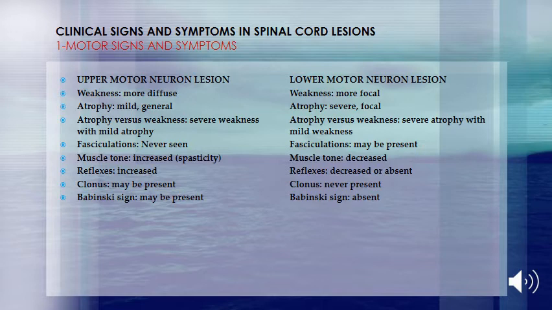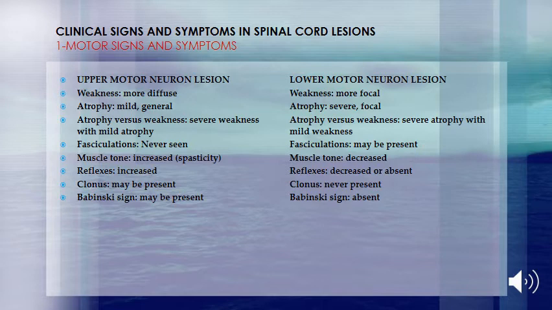While in the lower motor neuron lesion, the weakness is more focal, and it's either proximal, distal, or both proximal and distal. The atrophy, the second sign of spinal cord lesion, in the upper motor neuron lesion will be mild and maybe general, while in the lower motor neuron lesion it is severe, focal, and part of the disease.